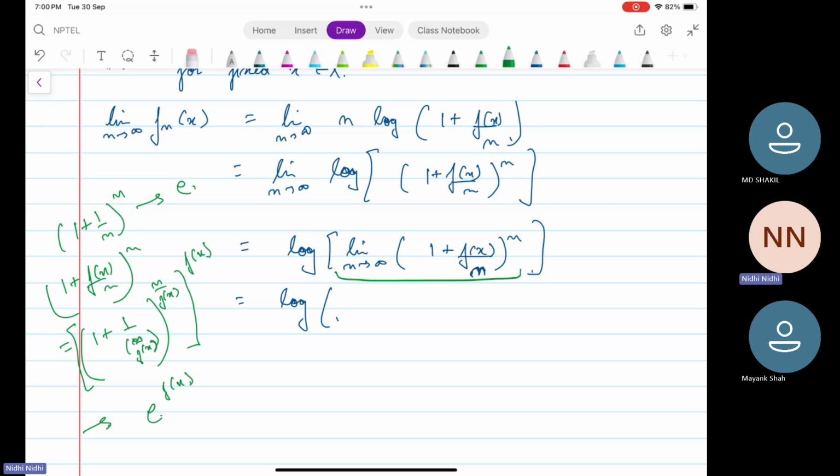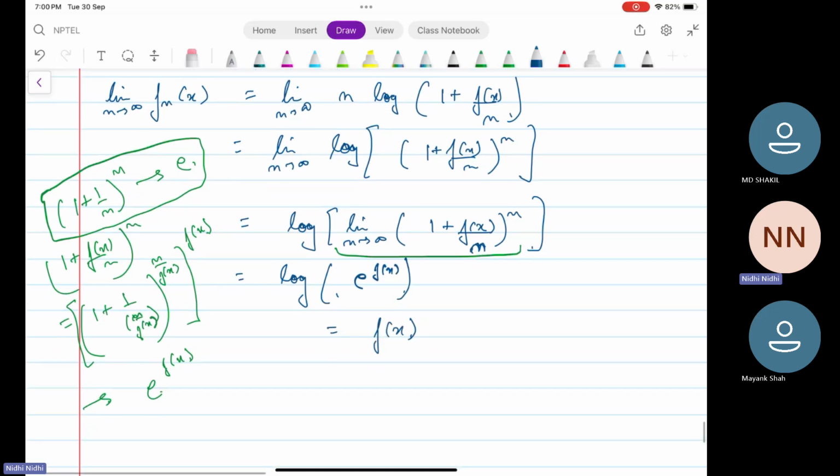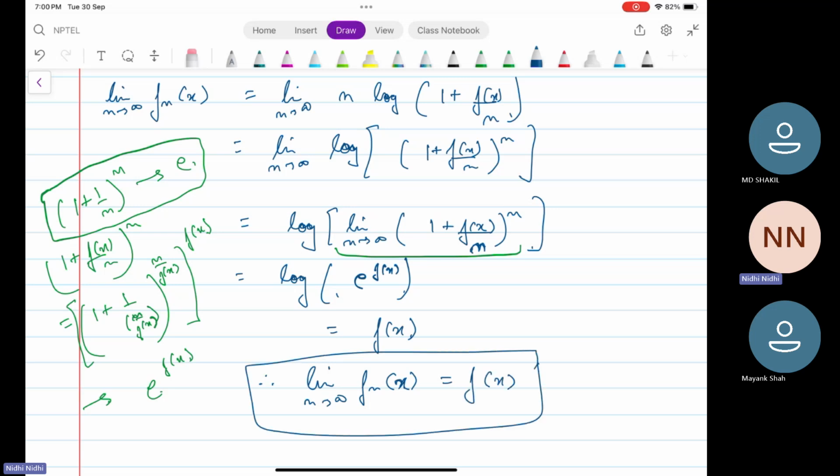Since f(x) is just a fixed constant, we know that such sequences converge to e. As n tends to infinity, n by f(x) will also tend to infinity. So eventually this will be nothing but e to the power f(x), and its log is f(x). Therefore, the pointwise limit of this sequence is f(x). Therefore, f_n converges to f pointwise.